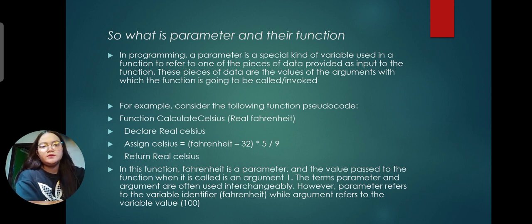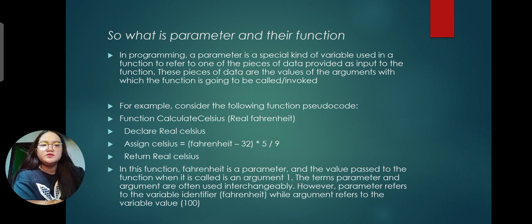For example, consider the following function pseudocode. Function calculateCelsius(real Fahrenheit): declare real Celsius, assign Celsius equals (Fahrenheit - 32) * 5/9, return real Celsius.